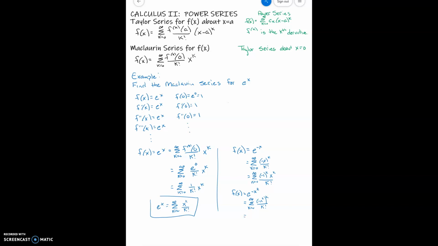Again, I recognize this as alternating. So I can write this as negative 1 to the k, just to identify it as an alternating series. And then x squared to the k, that's x to the 2k over k factorial. And there you go.